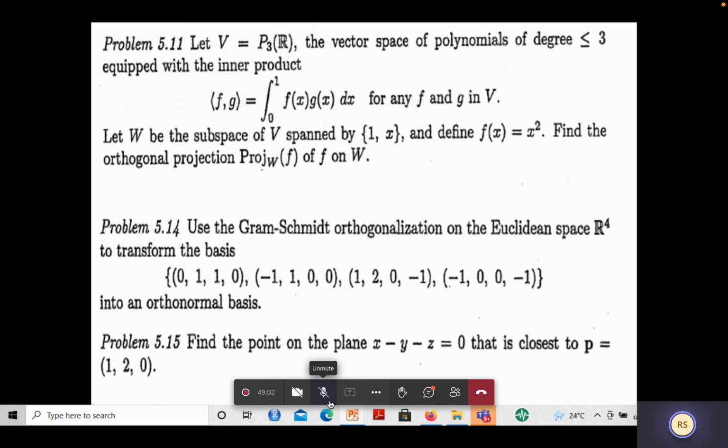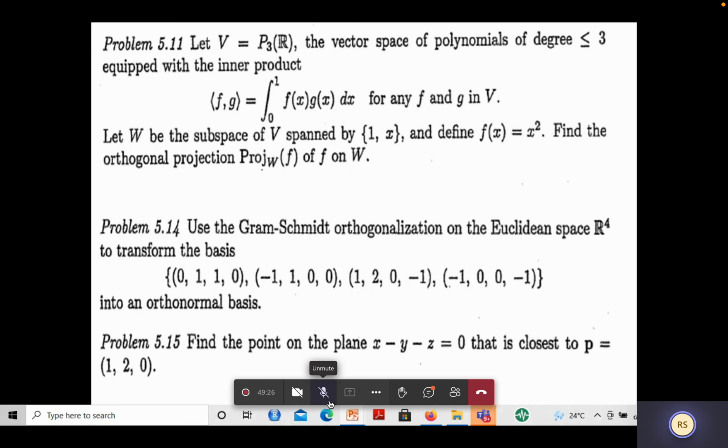Please take down this problem 5.11, orthogonal projection. V is equal to P3 of R, the vector space of polynomials.